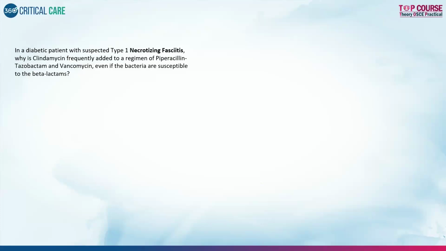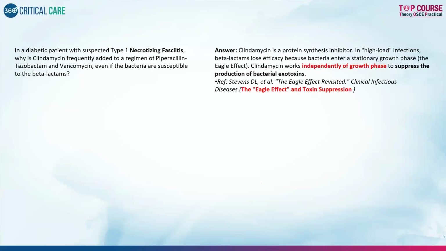Has anyone heard of the Eagle effect? I'm not saying we need to add this in every skin and soft tissue infection; specifically, we are talking about necrotizing fasciitis. Here, your beta-lactam/beta-lactamase inhibitors make the bacteria go into a state of cell cycle arrest, and there is excessive production of exotoxin.